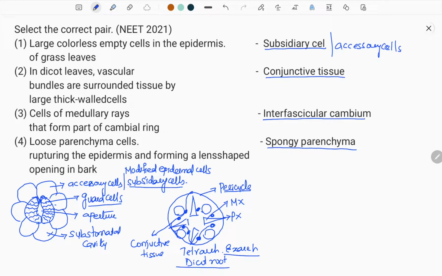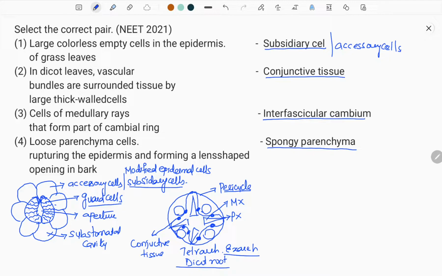See, this is how the conjunctive tissue and pericycle both unite and form a ring of cambium that is called vascular cambium. This vascular cambium is completely secondary in origin and gives rise to outer secondary phloem and inner secondary xylem. In dicot stem, the vascular cambium is partly primary, partly secondary. In dicot root, the vascular cambium is completely secondary.